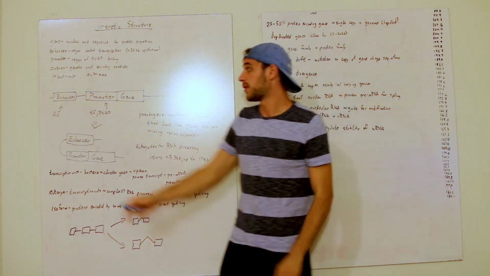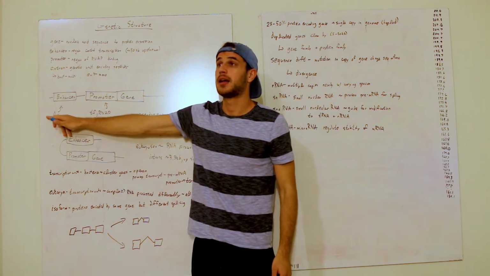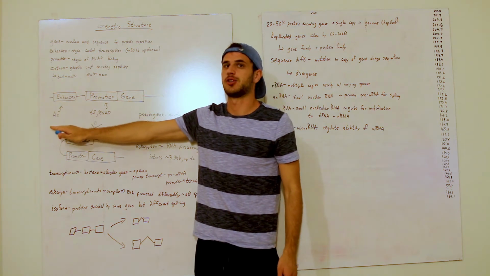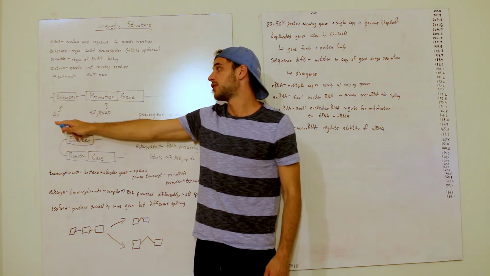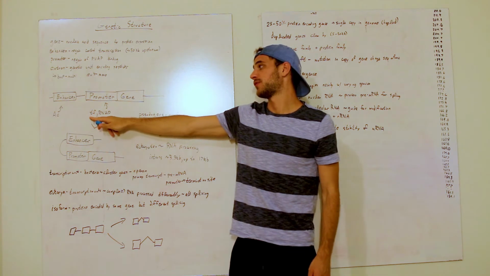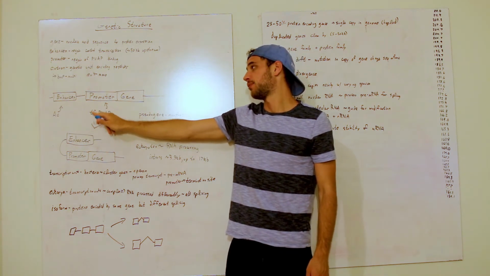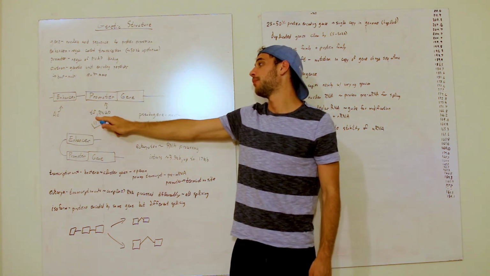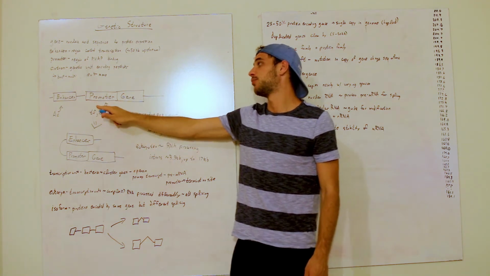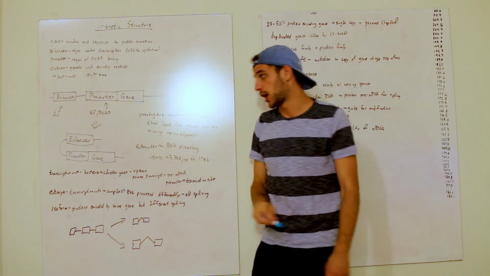So we have an enhancer, and these enhancers actually bind to activators, usually abbreviated as AC. The activators bind to the enhancer, and they have transcription factors, TFs, that will bind to the promoters in RNA, which will help pull RNA polymerase into the promoter and then allow for the gene to be transcribed.